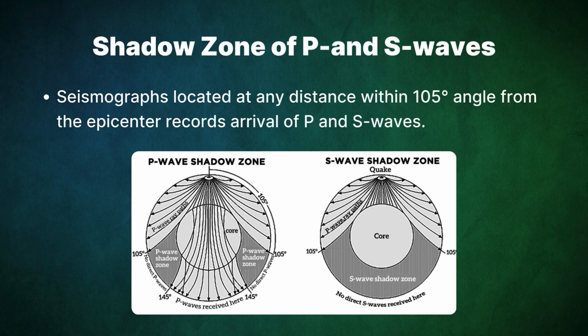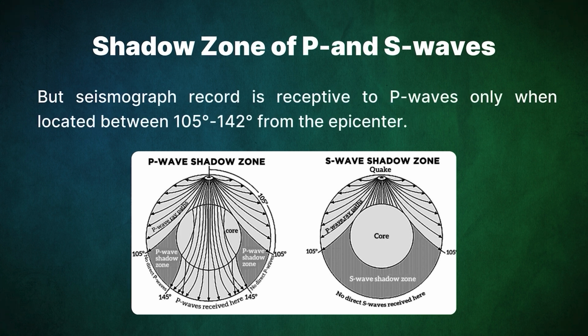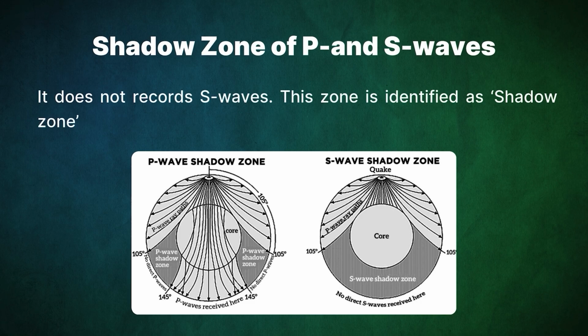Seismographs located at any distance within a 105-degree angle from the epicenter record the arrival of P and S waves, but seismographs record only P waves when located between 105 to 142 degrees from the epicenter. They do not record S waves. This zone is identified as the shadow zone.